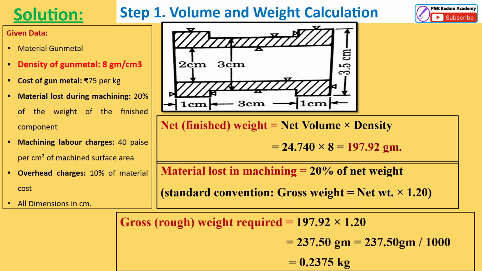After that, the gross weight, rough weight, is 197 by 1.20, with the lost 20%. So that is 230.5 gram. So we have to convert this gram to kg by dividing by 1000. We get 0.23. That is the gross weight required.